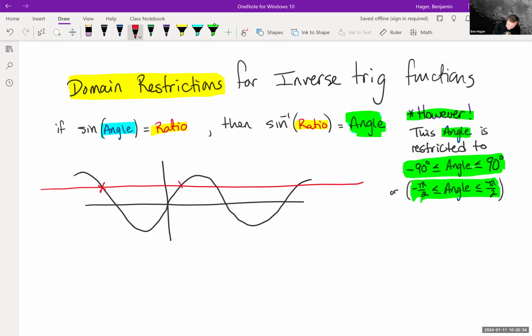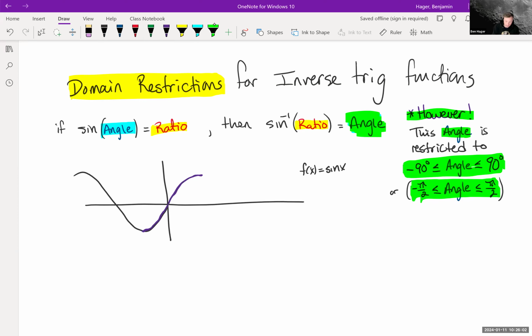This horizontal line hits many places. In order to be 1-to-1, we need a horizontal line to pass through this thing and intersect the curve only one time. So a trick we pull in mathematics is we say, let's not look at the whole curve, let's just look at part of it. What if we were to just focus on, let's say, from here to here, and forget the rest?